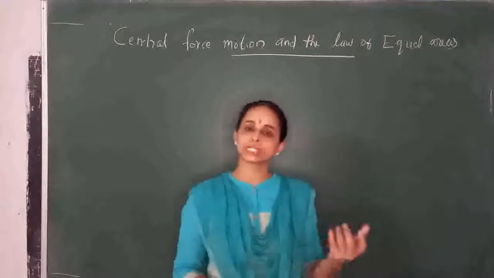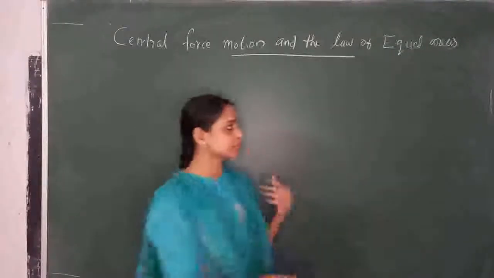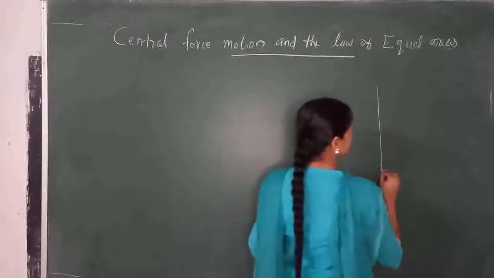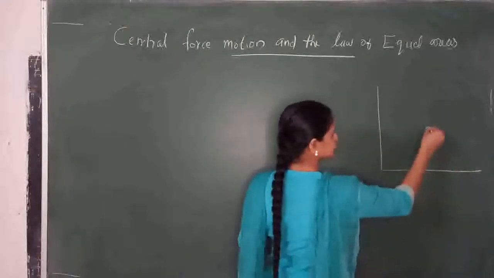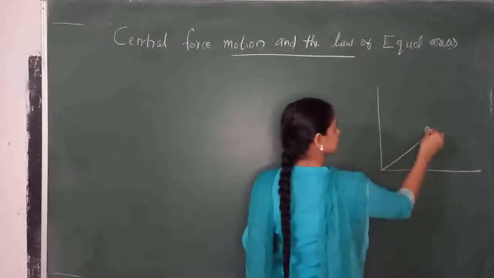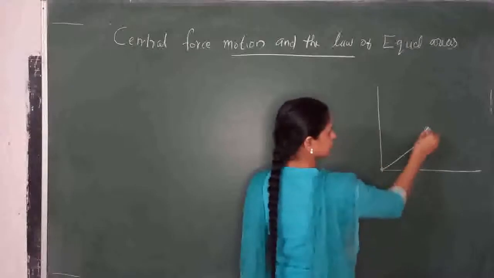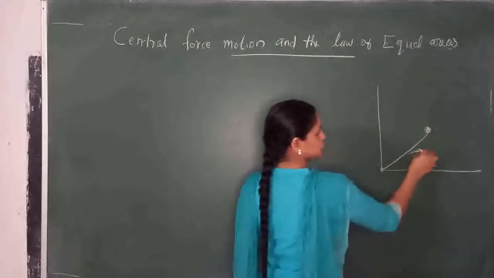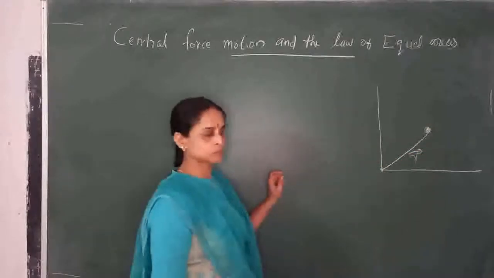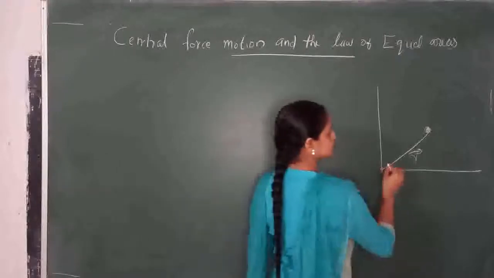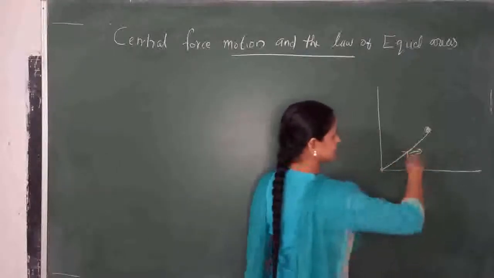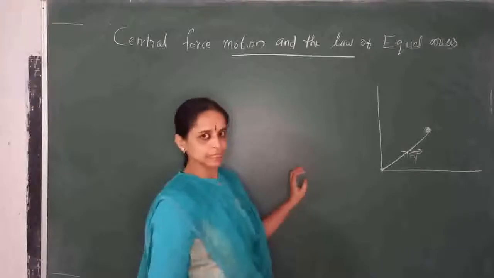That means if you have some object here, this is the line joining the origin and the object. This is actually the position vector r with respect to the origin. Then if the force is acting along the same line, that is a central force.